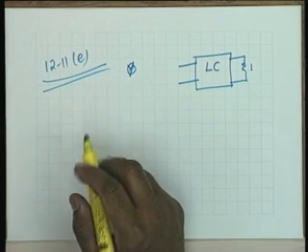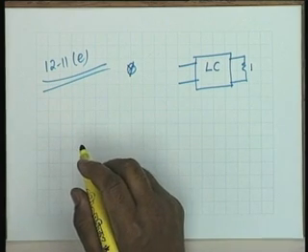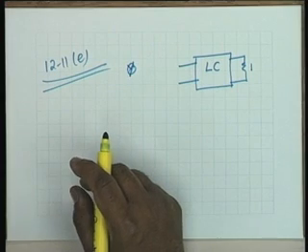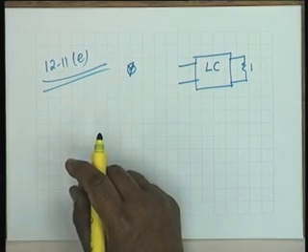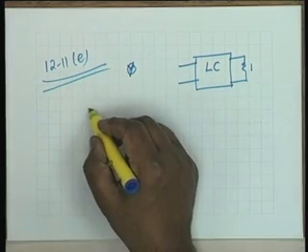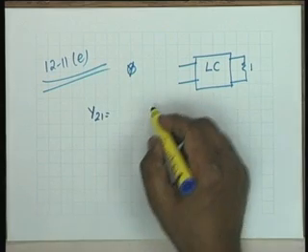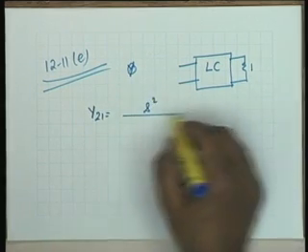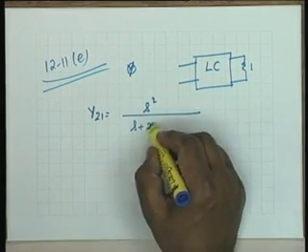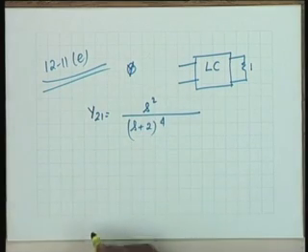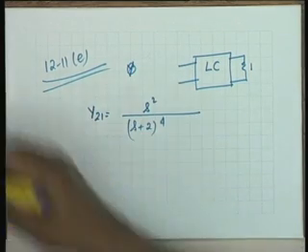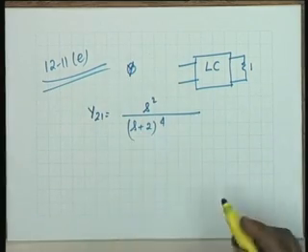See the next page, problem 1211, figure. This is the network given, and the function is Y21 equal to S squared divided by (S plus 2) to the 4th. This is perhaps the toughest of all.